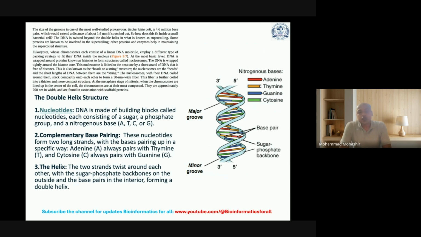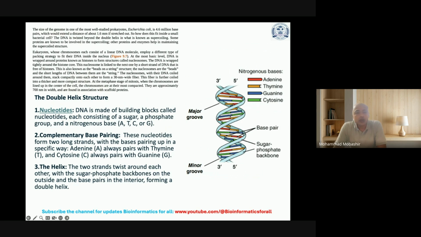Now, the double helix structure contains nucleotides, complementary base pairing, and the helix. DNA is made up of building blocks called nucleotides, each consisting of a sugar, a phosphate group, and a nitrogenous base, that is A, T, G, C. Now you can see A, T, G, C: adenine, thymine, guanine, cytosine.